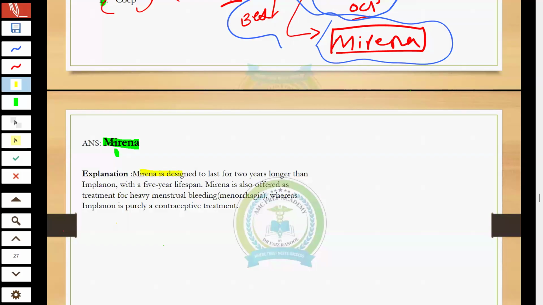So Marina is designed to last for 5 years, longer than Implanon with its 3-year lifespan. So Marina is best offered as treatment for heavy menstrual bleeding, menorrhagia, whereas Implanon is purely a contraceptive device.